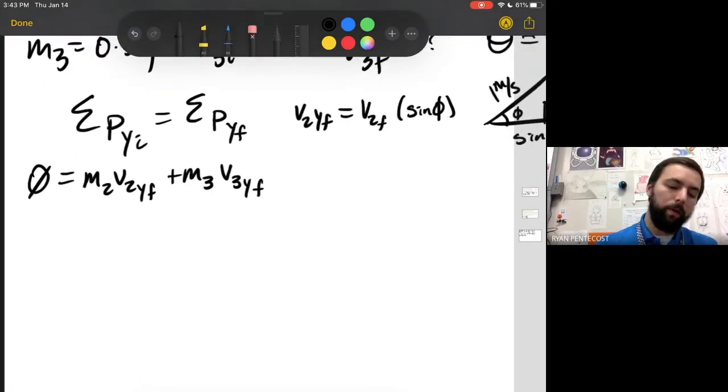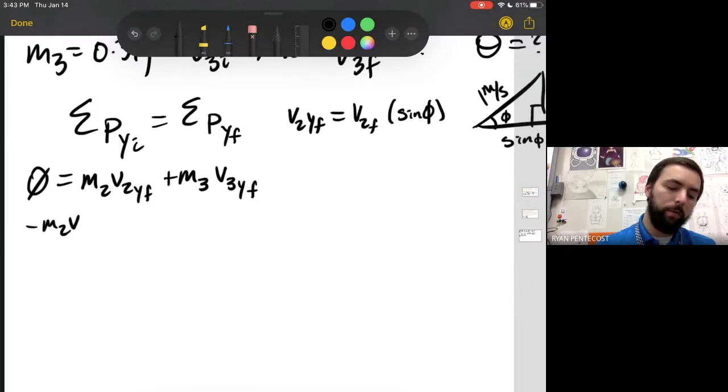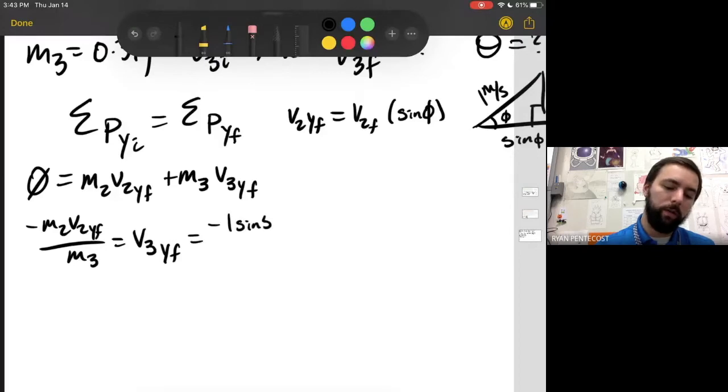So if we want to solve for V3, you subtract the other side. You've got negative M2 V2y final divided by M3 to get V3y final. So you've got negative 1 sine of 53 degrees divided by, oh, whoops, that's not a 1. I didn't include M2.